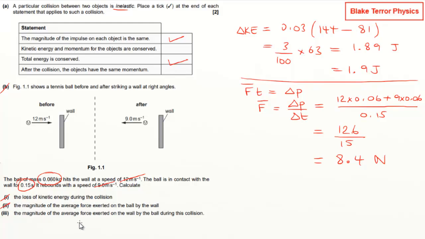Next, the magnitude of the average force exerted on the wall by the ball during this collision. That's going to have to be the same, isn't it? From Newton's third law, the force is equal but in the opposite direction, but the magnitude will be the same. So that's also 8.4 newtons.